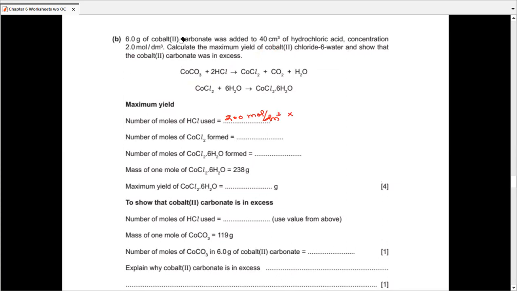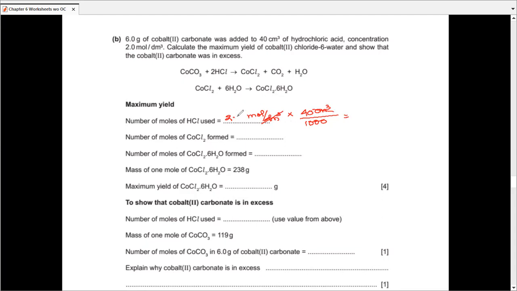Wait a second. Yes, it's 40 cubic centimeter, so 40 cubic centimeter divided by 1,000. This cuts this. I need to rewrite it, this is poorly written.